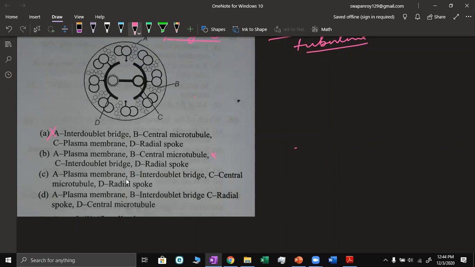A, plasma membrane. B, interdoublet bridges. C, central microtubule. D, radial spoke. This one: plasma membrane, interdoublet bridges, C, radial. No, this one is the correct labeling. Okay, so the answer is C.